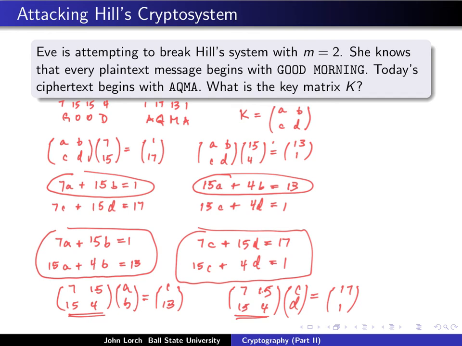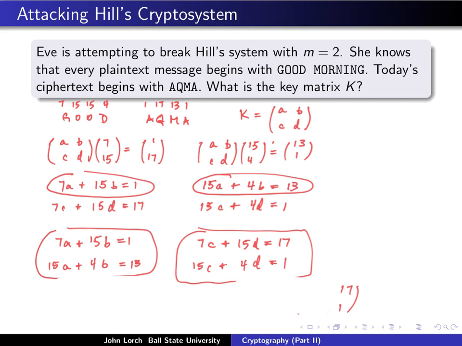Okay, since we're running out of room here, we're going to erase a lot of this work and focus on finding the inverse of the matrix that we had discussed a little bit earlier.